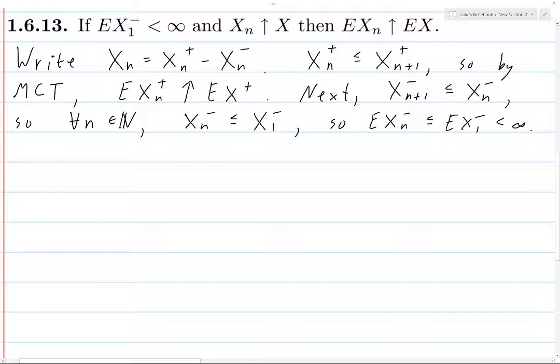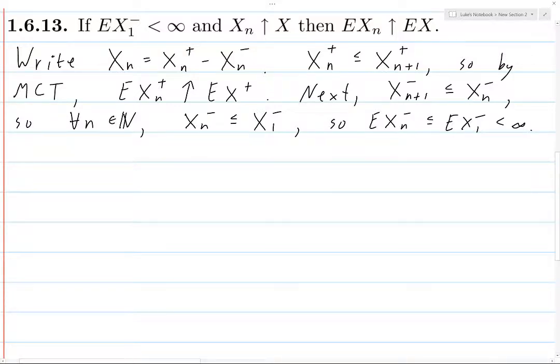So we have a sequence of random variables Xn minus. Each one has a finite integral, and these integrals are uniformly bounded by E[X1 minus], which is a finite number, and they converge pointwise to X minus.